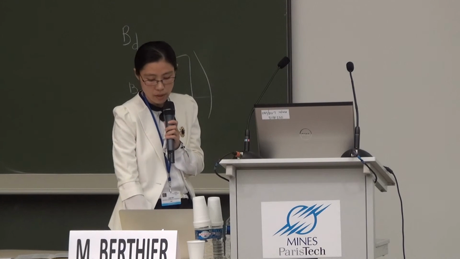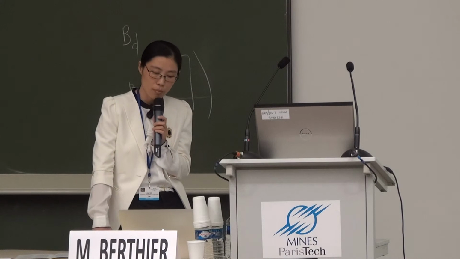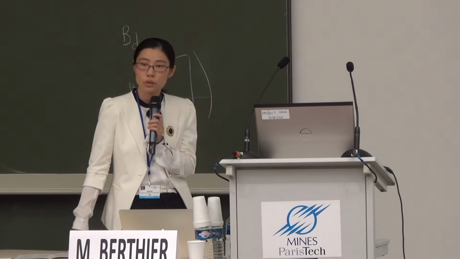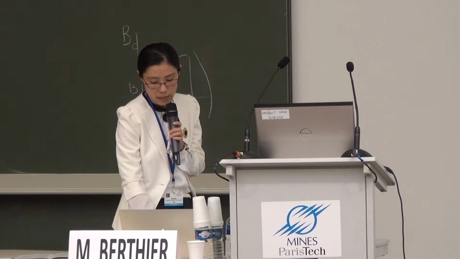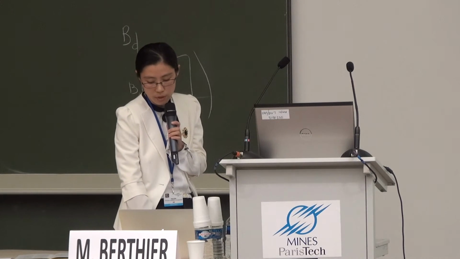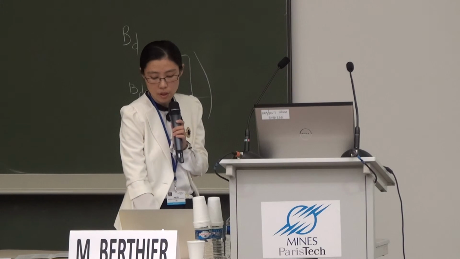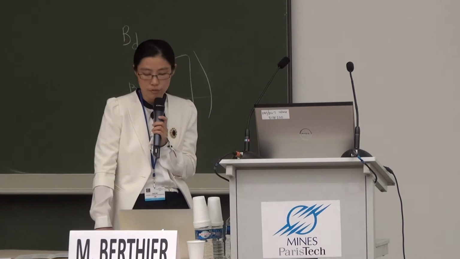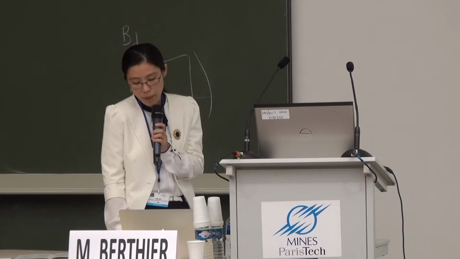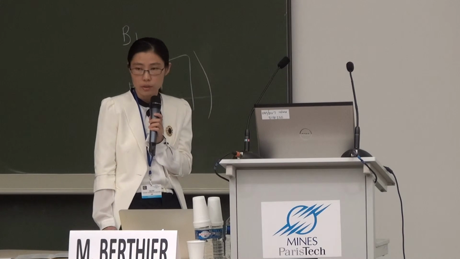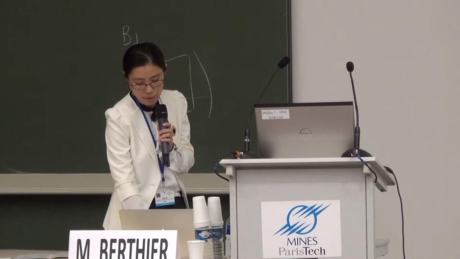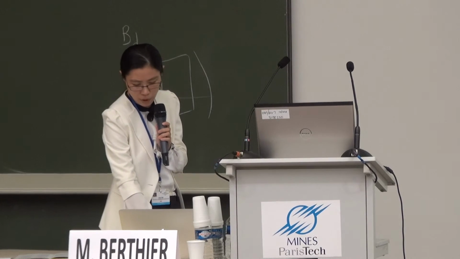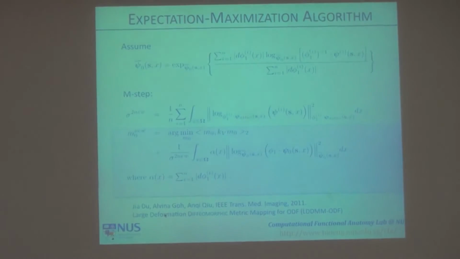The initial momentum that allows us to deform the hyperatlas to the estimate can be obtained through this minimization problem. This is a typical large deformation diffeomorphic metric mapping problem, adapted to ODF images. I'm not going to talk about how we solve this problem, but refer to the references shown here.